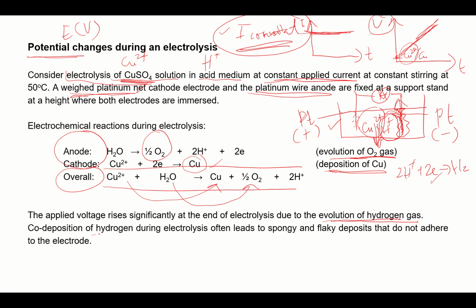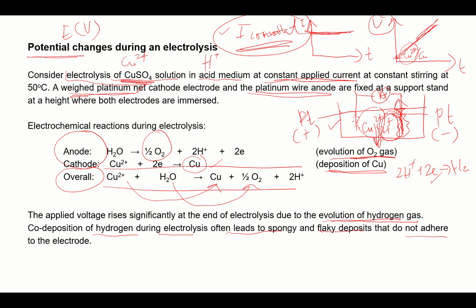Co-deposition of hydrogen during electrolysis often leads to spongy and flaky deposits that do not strongly adhere to the electrode.